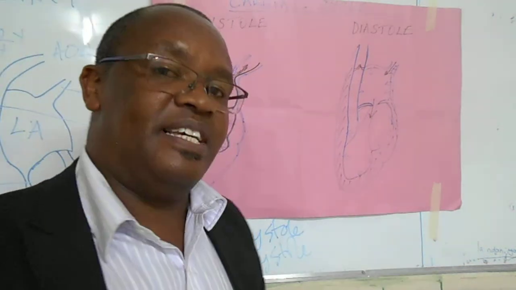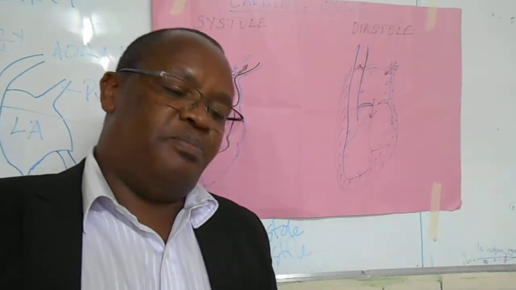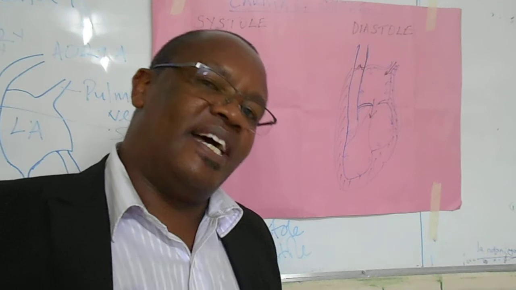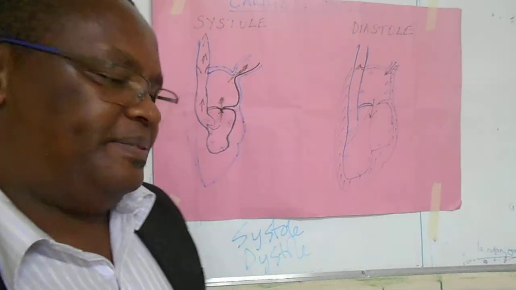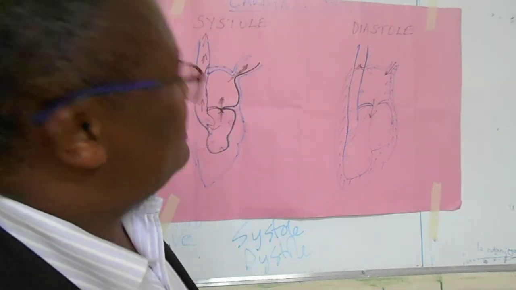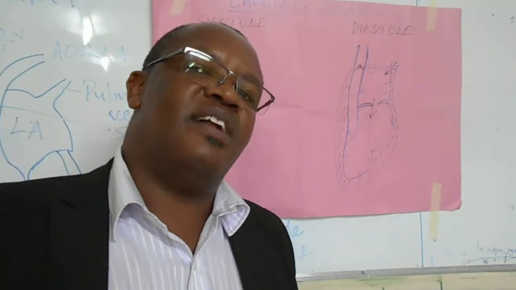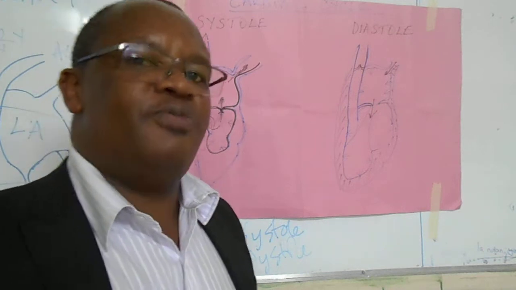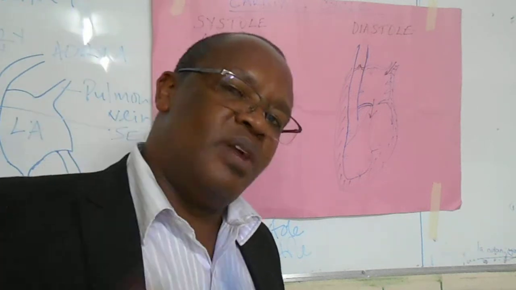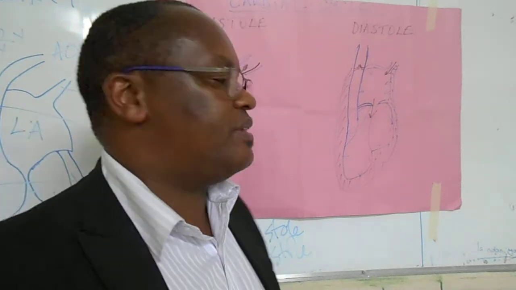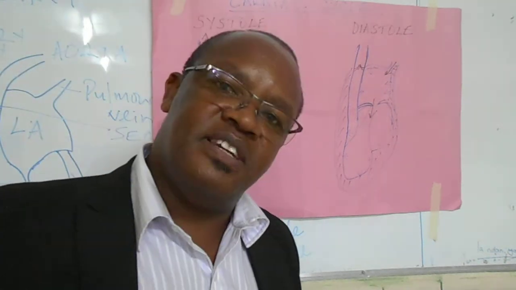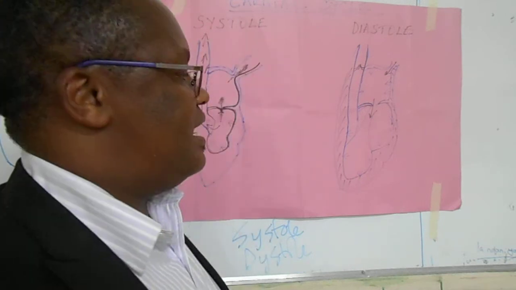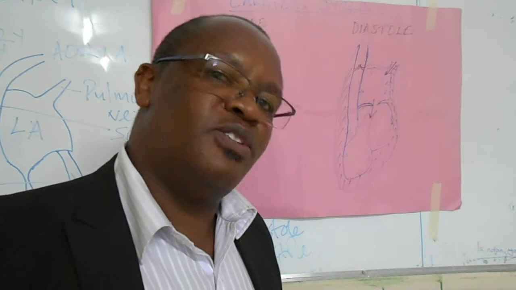And when this is happening, the tricuspid valve and the bicuspid valve open, while the semilunar valves close. The semilunar valves close to prevent backflow of blood into the ventricles, while the cuspid valves, or what we call atrioventricular valves, allow blood to flow from the auricle to the ventricle.